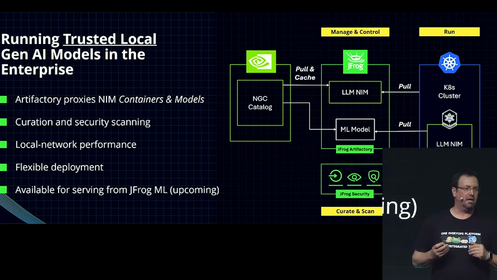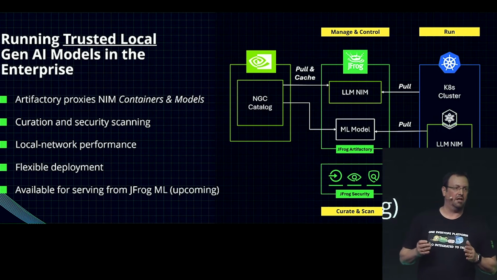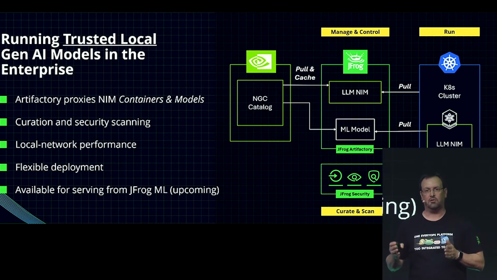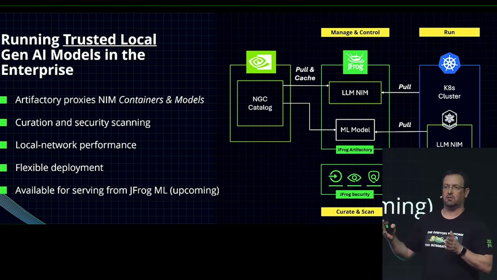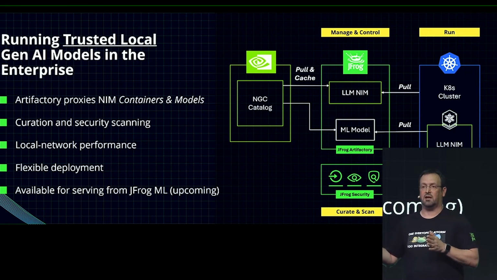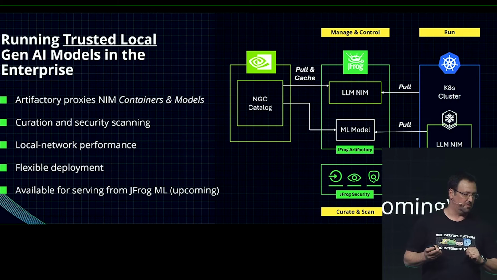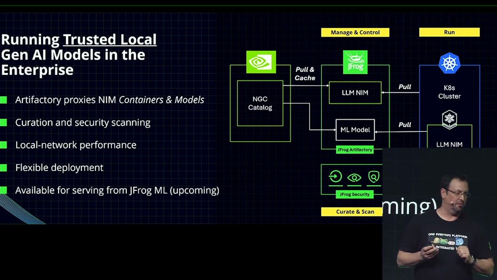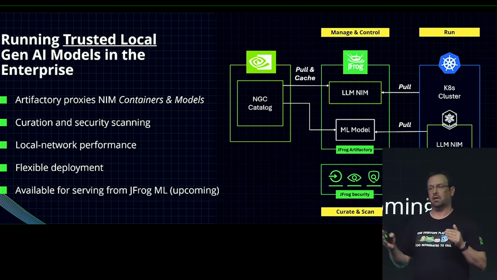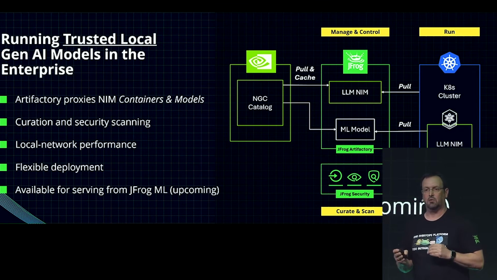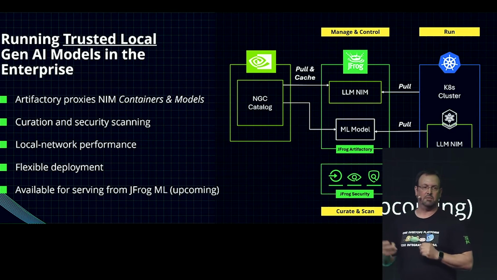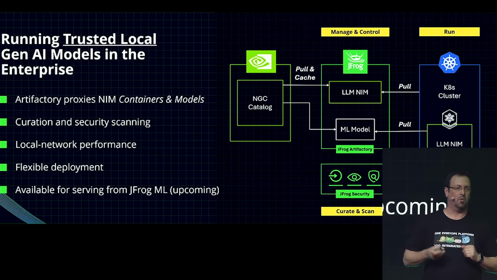And you get flexible deployment, because you can run it on-prem, in the cloud, hybrid, and also in a fully air-gapped environment. So this is also sometimes common for models. And we're also working on integrating and looking at how to integrate firing up this model from JFrog ML, from Qwak.